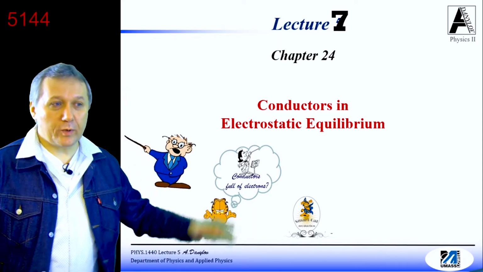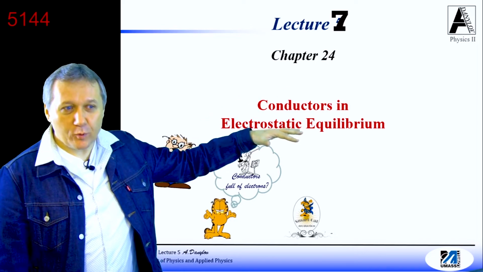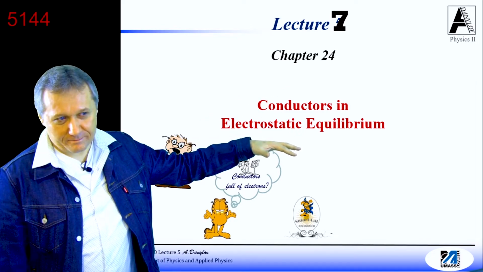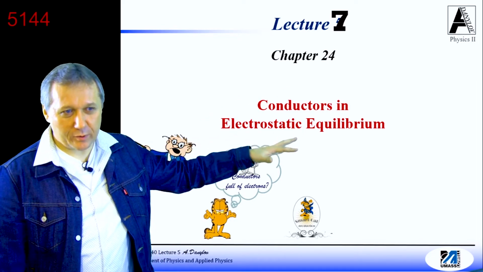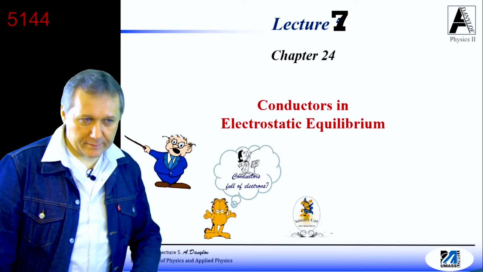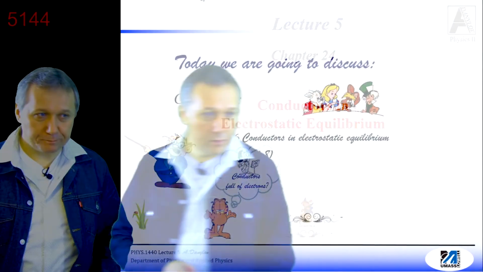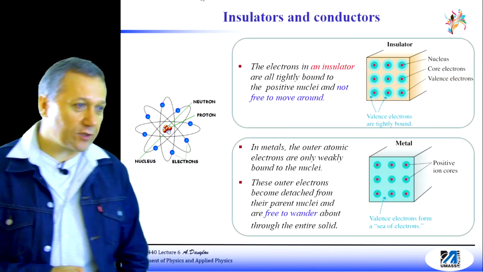Okay, and we're going to use Gauss's law today a lot to explore properties of conductors. We need them a lot. Of course, in electrostatic equilibrium. Of course, we will define all that in a second. It's still chapter 24. These are sections.